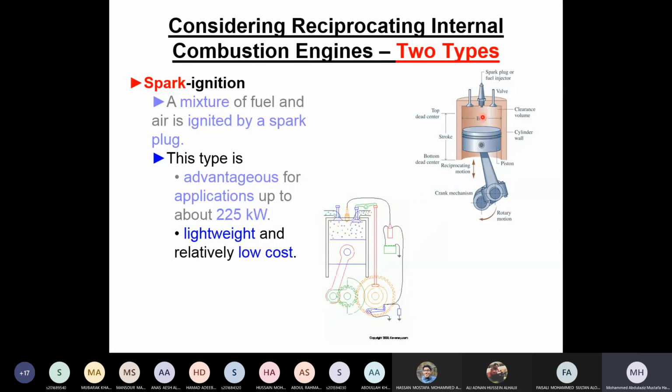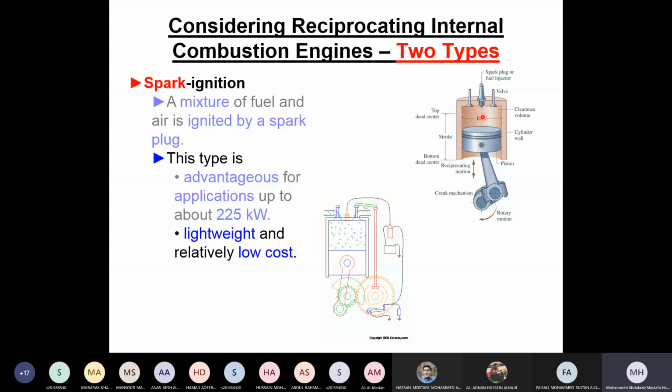Why does it burn without any spark? It burns because we raise the temperature to the self-ignition temperature. So you have three things: fuel, oxygen, and the self-ignition temperature. They should reach a temperature at which they burn.